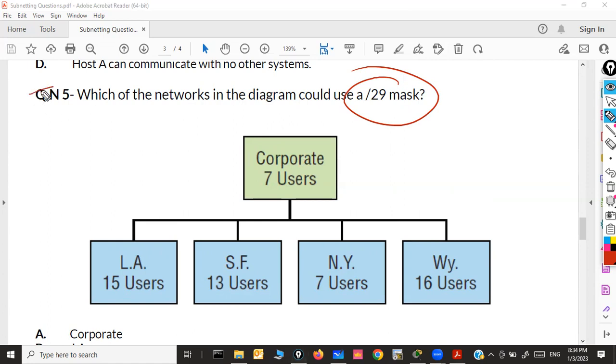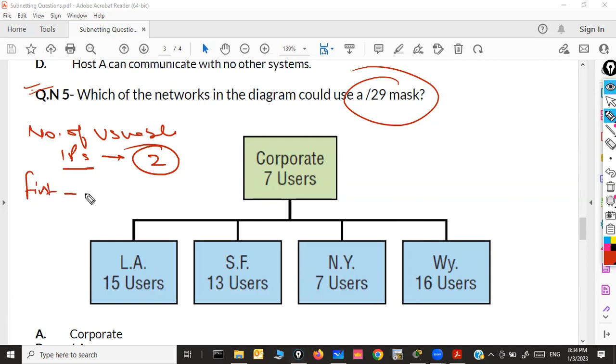In networking, whenever we compute the number of usable IPs, we always subtract 2 IPs from the range, and you know the reason: the first IP is reserved and known as the network or subnet address, and the last address is reserved and internally used as the broadcast address. So whenever we compute the number of IPs, we always subtract 2.